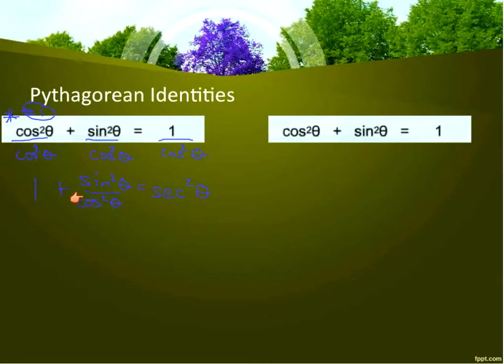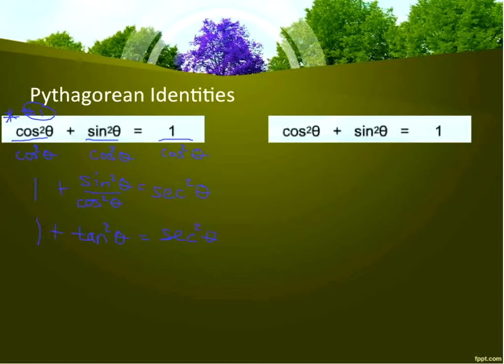If I'm looking on my identity sheet, sine squared theta over cosine squared theta is the same as tangent squared theta, or sine divided by cosine is tangent. So I can replace that middle portion. Okay, that was weird. I can replace this middle section with tangent squared theta.